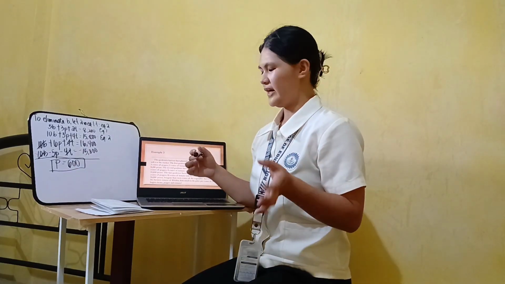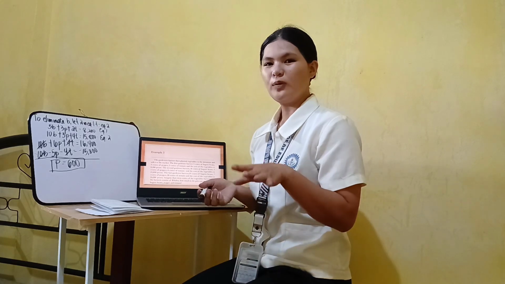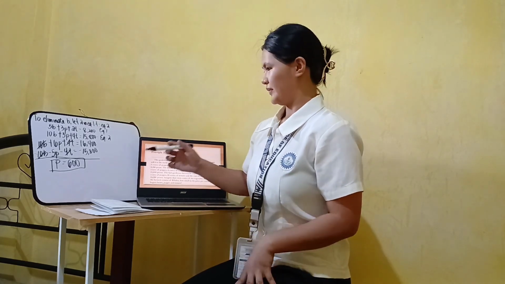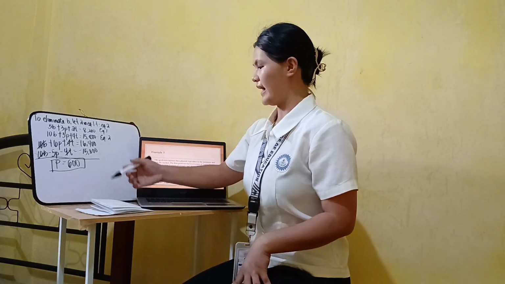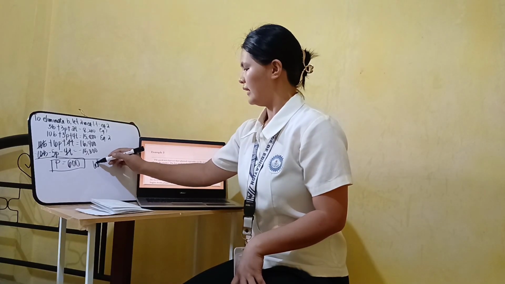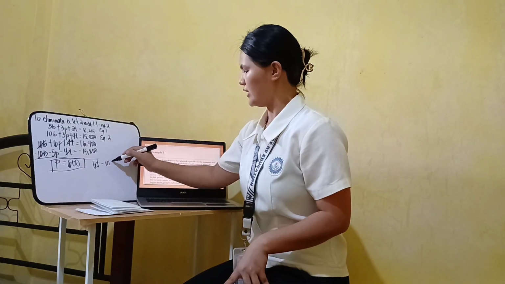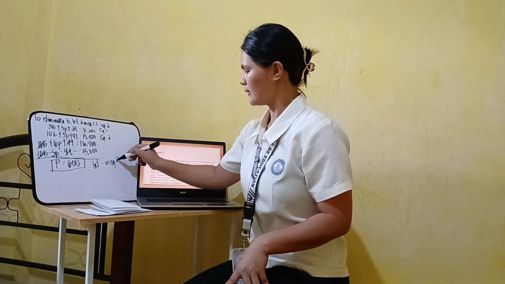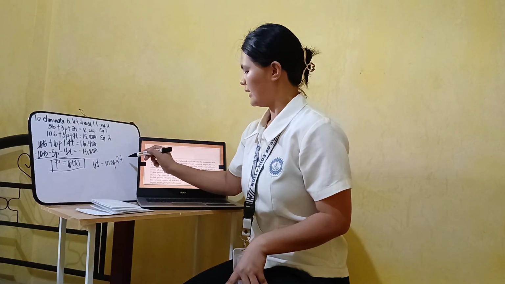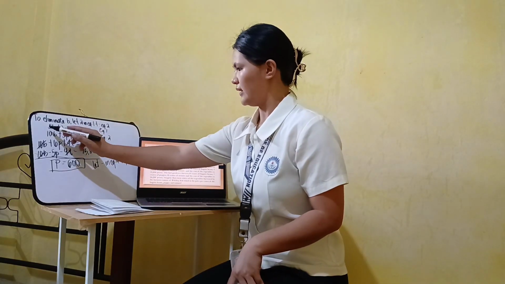So next, what are we going to do? We have to find equation 5. So to find equation 5, let negative equation 2 plus equation 3.